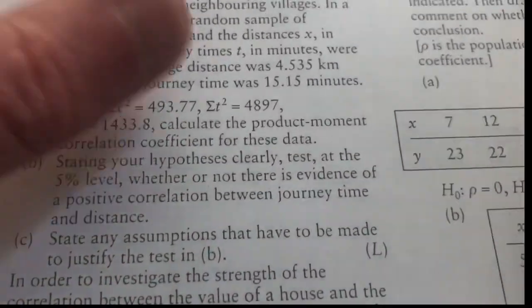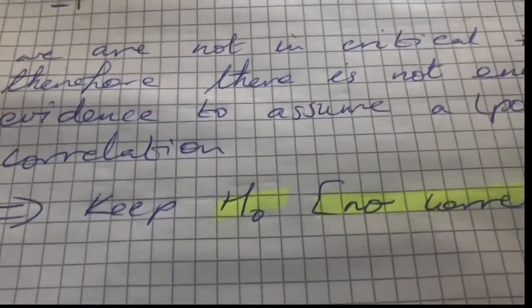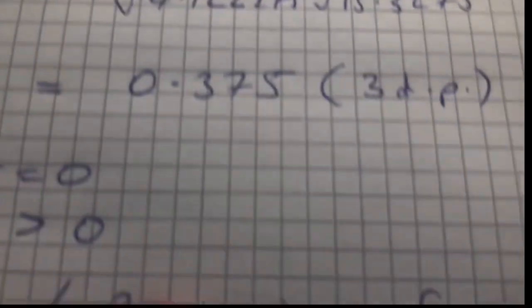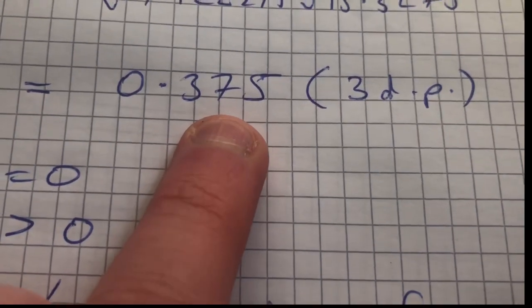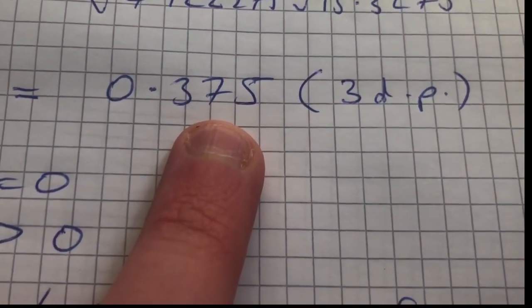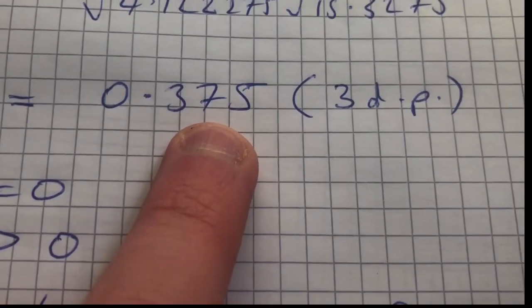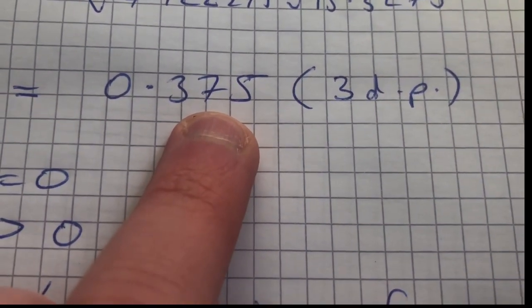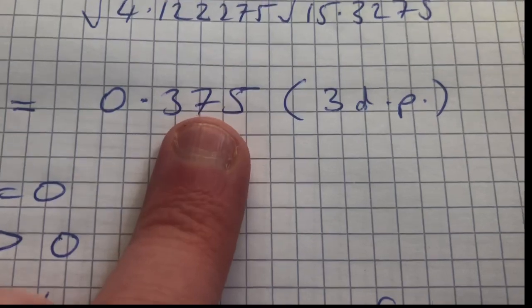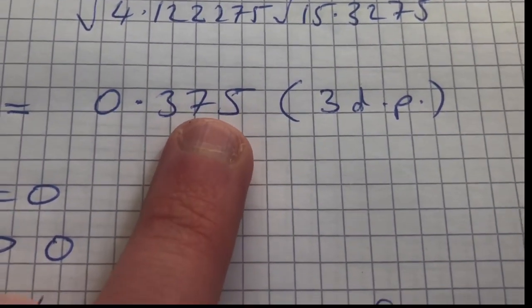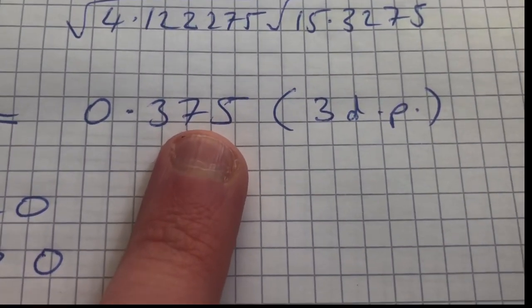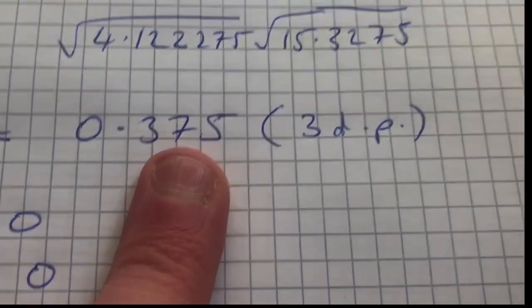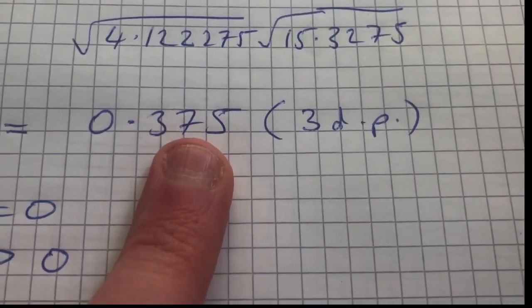So that is based on that test statistic of 0.375. With this particular set of data, is that enough for us to think we're not just getting some random correlation coefficient based on nothing? As I've said at the start of this video, we will always do, but that we can consider it to be significant evidence of a positive correlation.